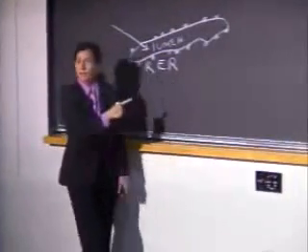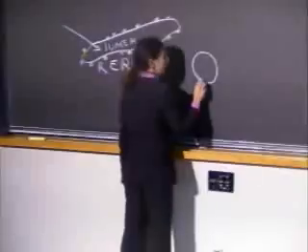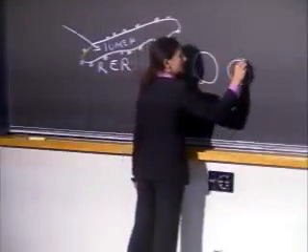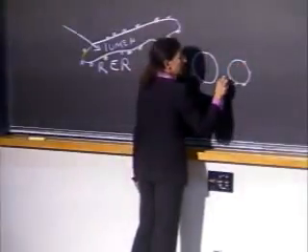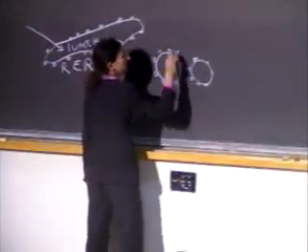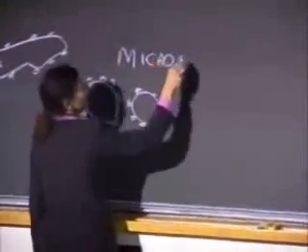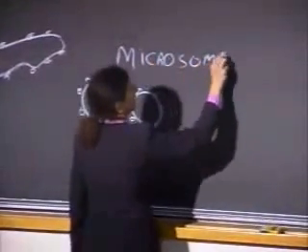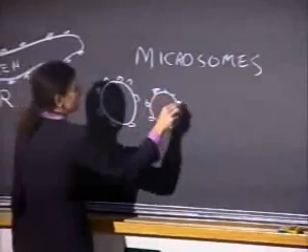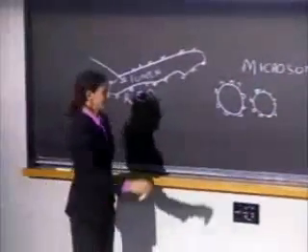Now, if you take endoplasmic reticulum and you shear it, it forms little tiny vesicles, with ribosomes on the outside. And they're called microsomes, for small things. They're essentially little rough endoplasmic reticulum vesicles.